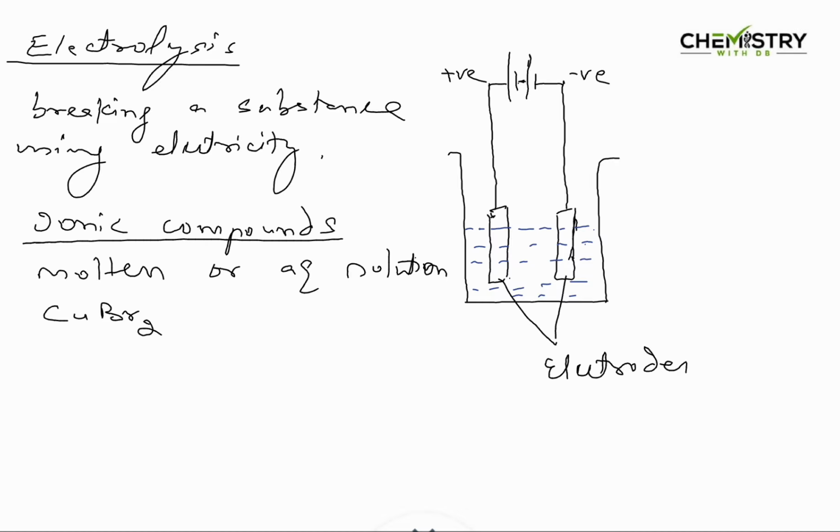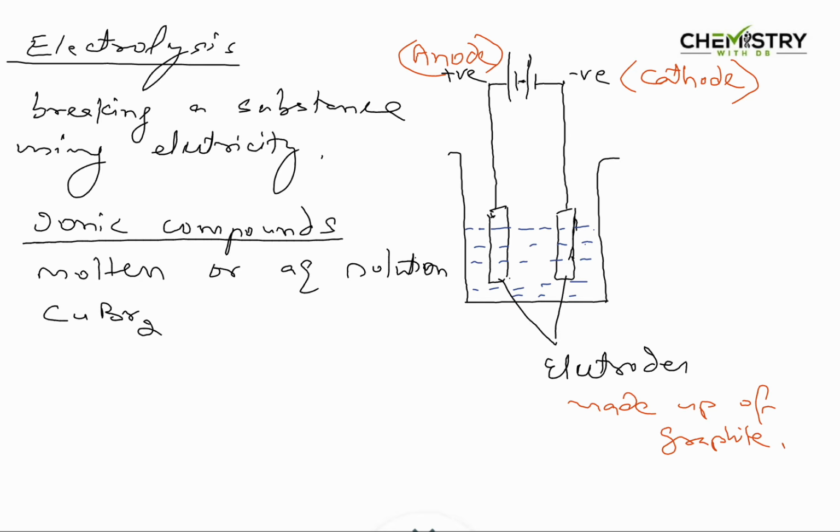The positive electrode is known as anode and the negative electrode is called cathode. Both of these electrodes are made up of graphite, because graphite is an inert substance. That means it doesn't react with anything.